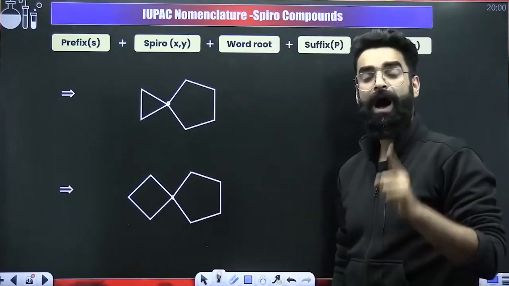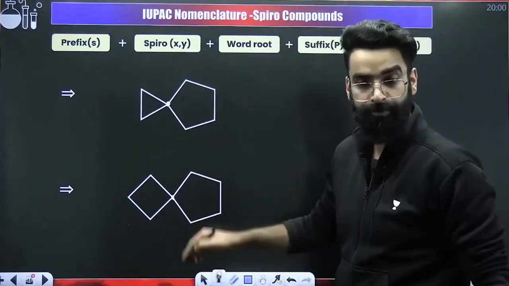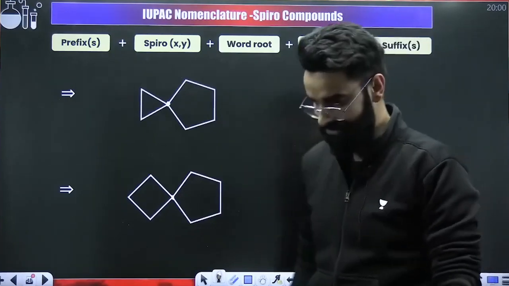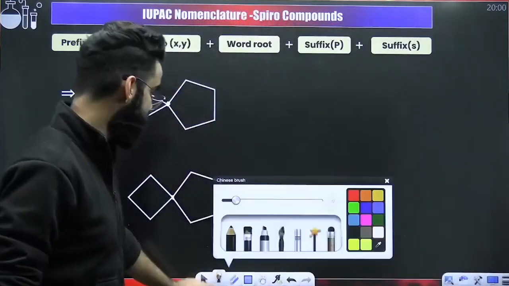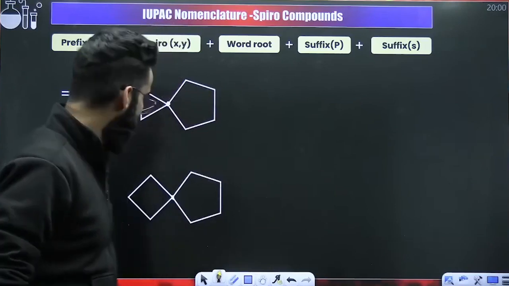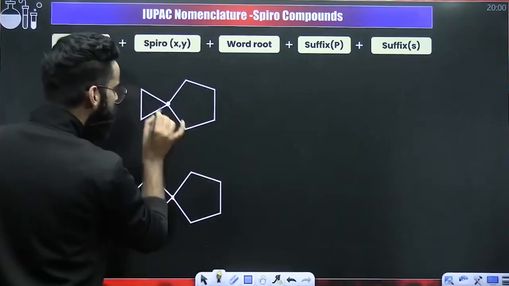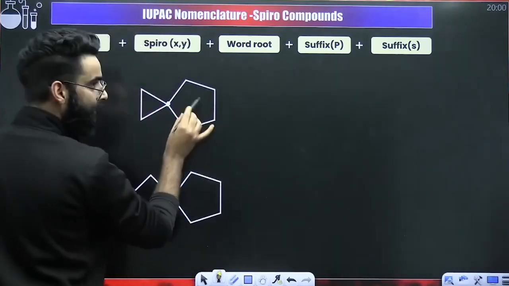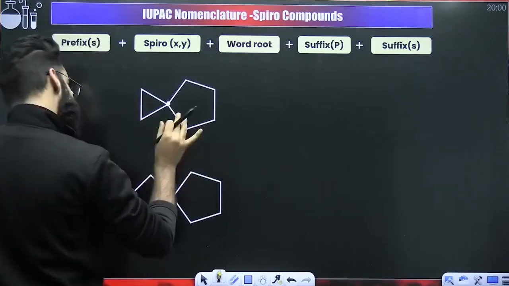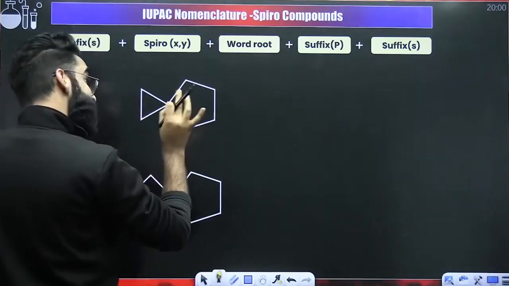First thing, how do we do the numbering in these compounds? That's important, so try to understand carefully. You have got 2 rings here. First of all, tell me which one is the smaller sized ring.